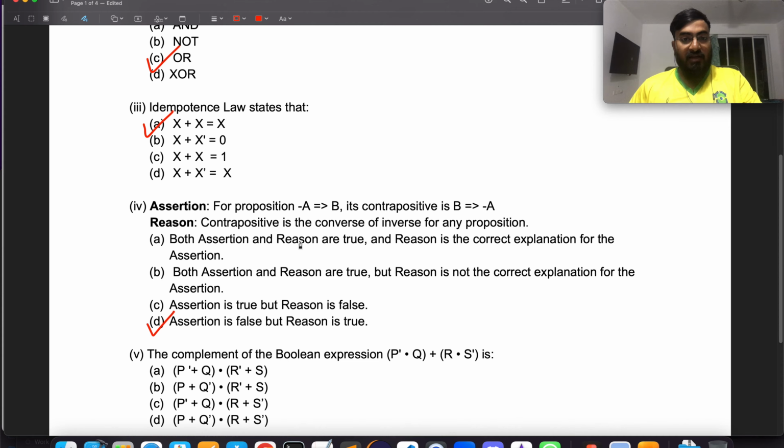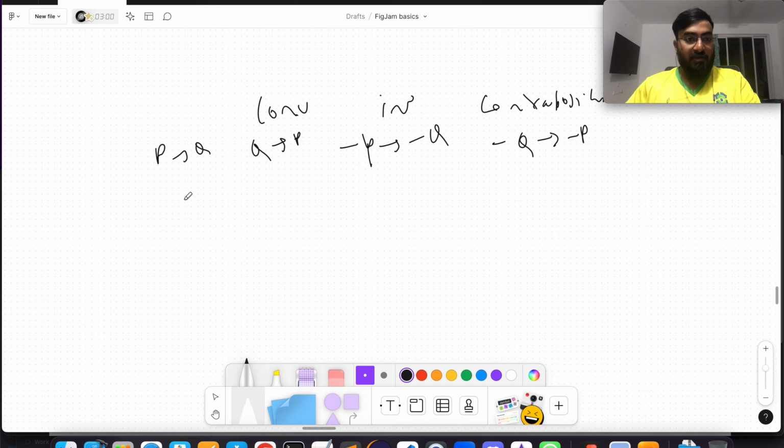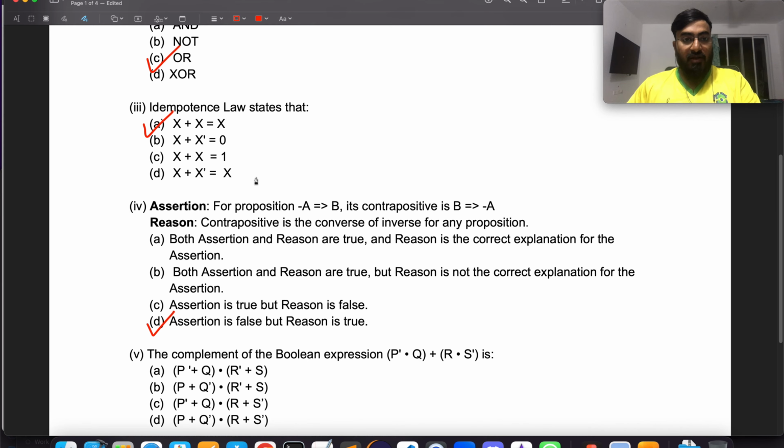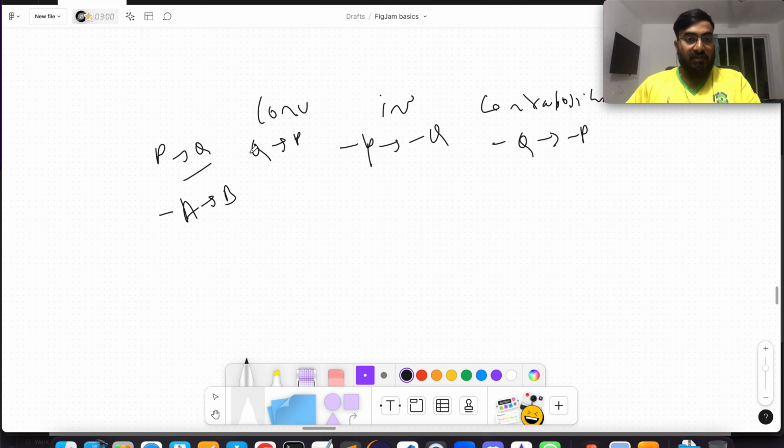We are given minus a implies b. So we have to check if the contrapositive is this. For this, the contrapositive is going to be minus b implies minus of minus a, which is equal to minus b implies a.